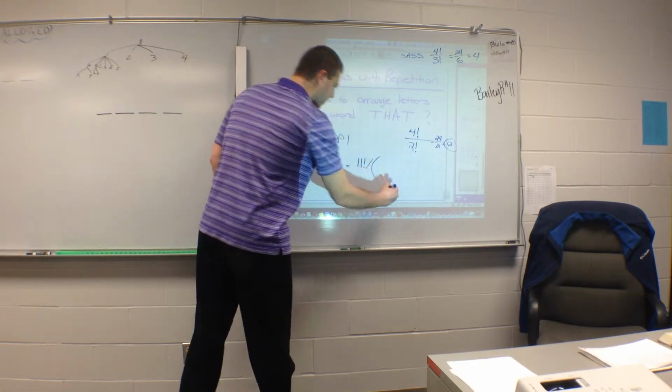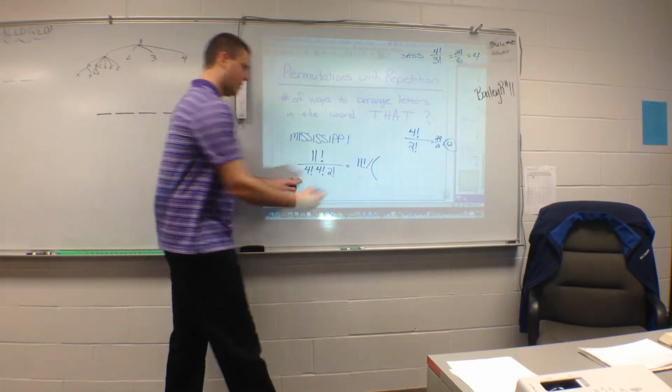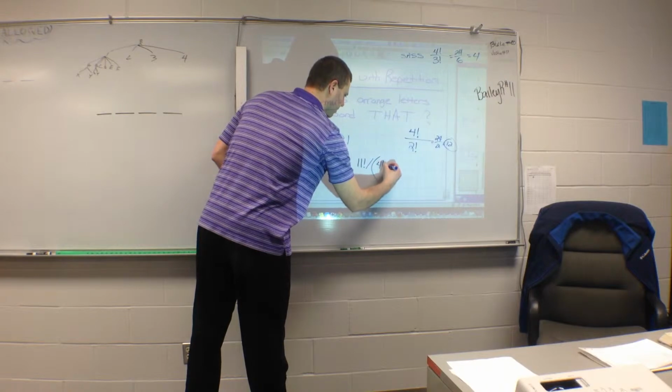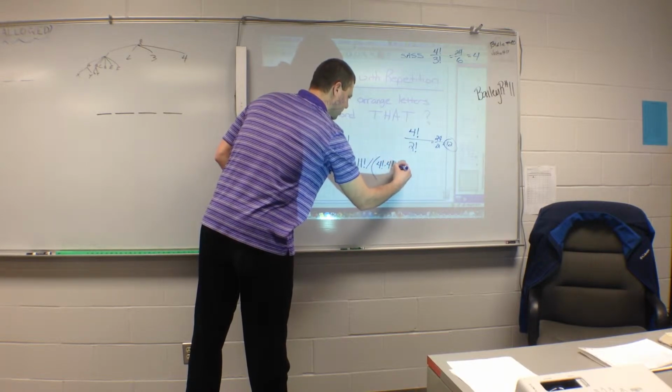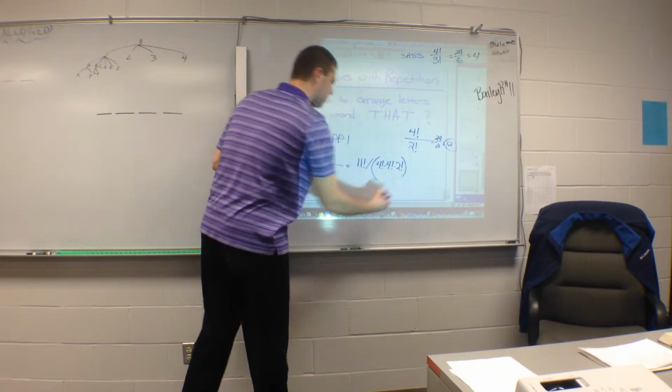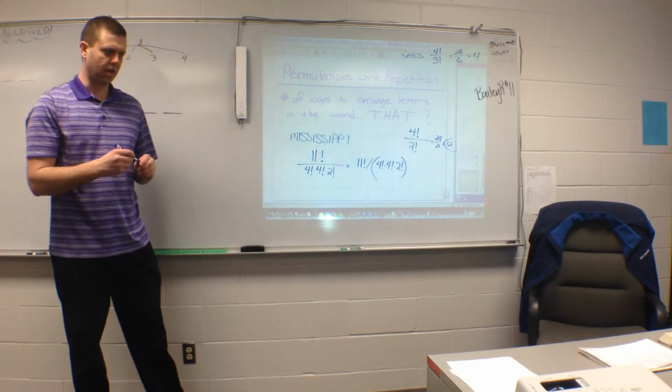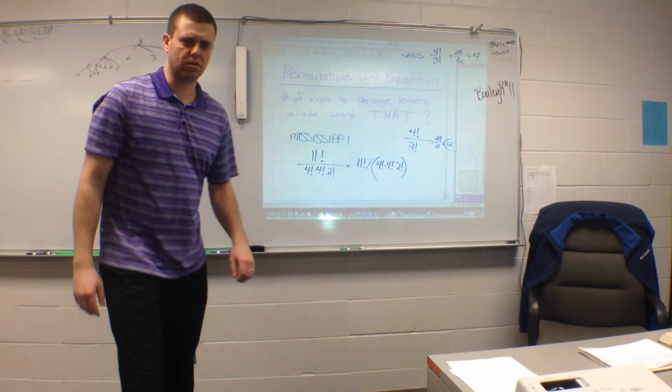Divided by parentheses 4 factorial times 4 factorial times 2 factorial to get that answer. Okay? Use parentheses when you do it.